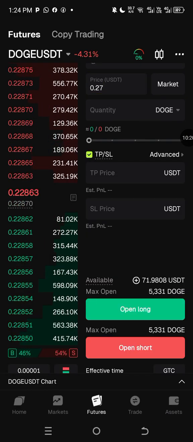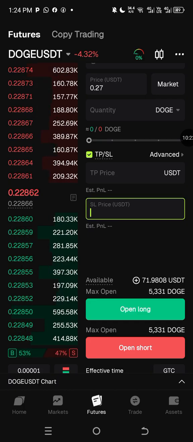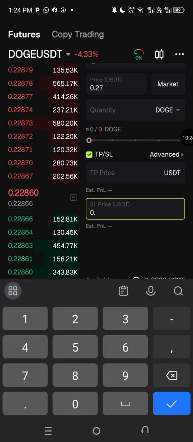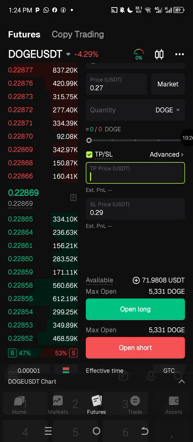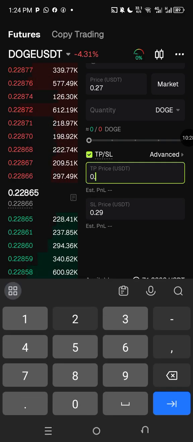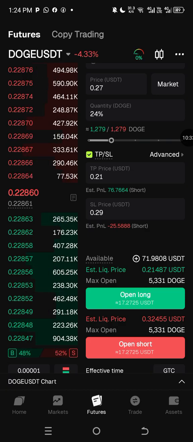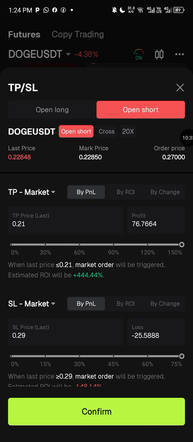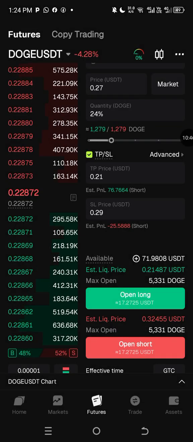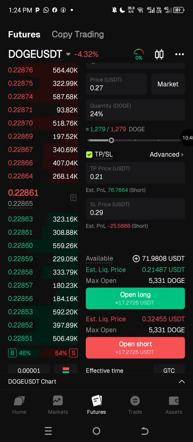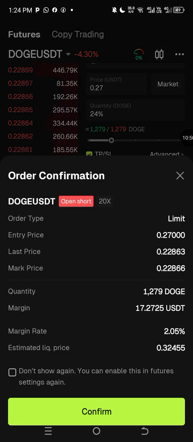Now my stop loss will be higher than 0.27, so I'll put my stop loss at 0.29, and I can put my take profit at say 0.21. You see, I'm risking 25 to get 76. In my next video, I'm going to talk more about risk to reward, why you should risk low to get high. Okay, that's how you become profitable in what you are doing. So now let's tag into this trade with limit order.